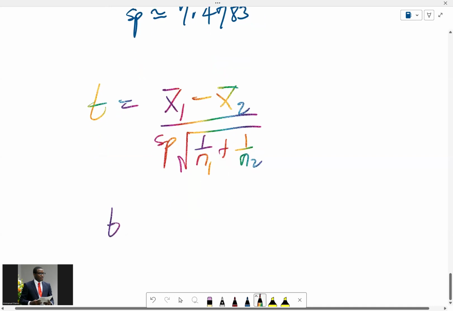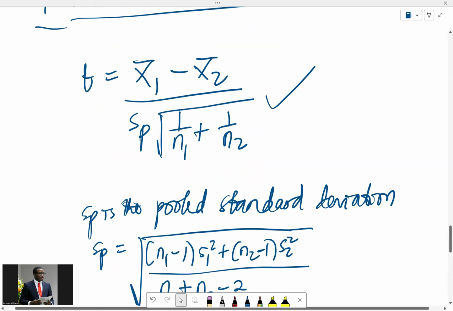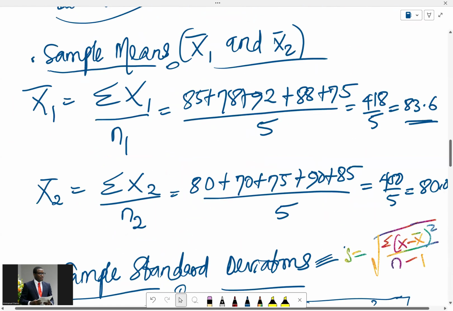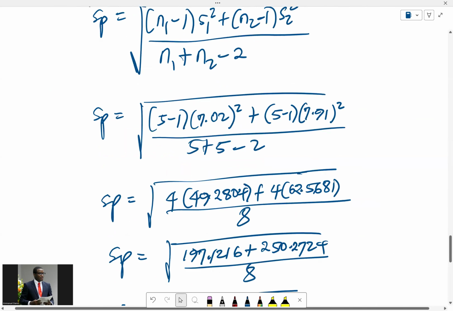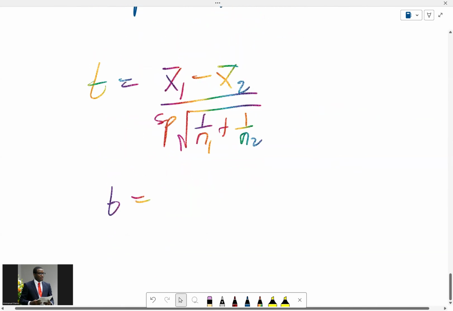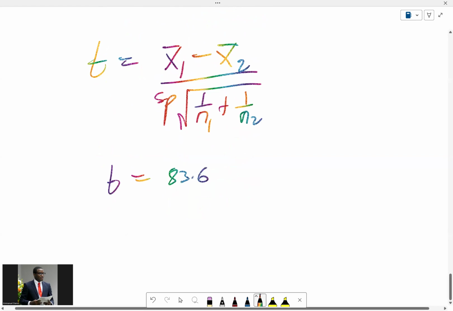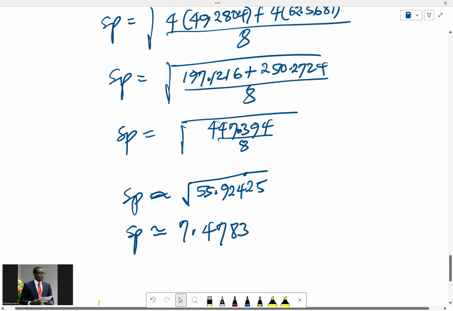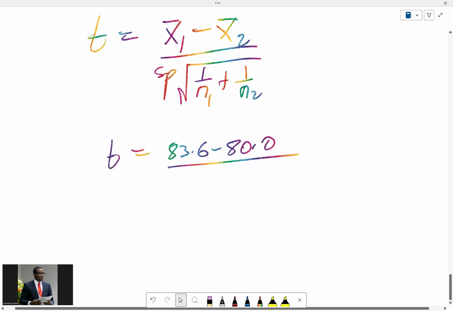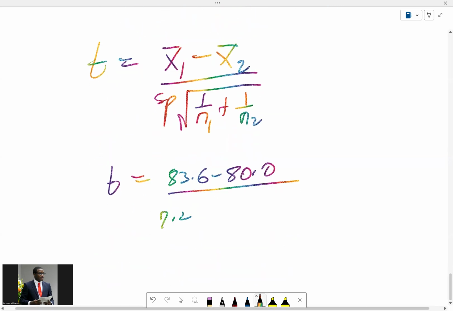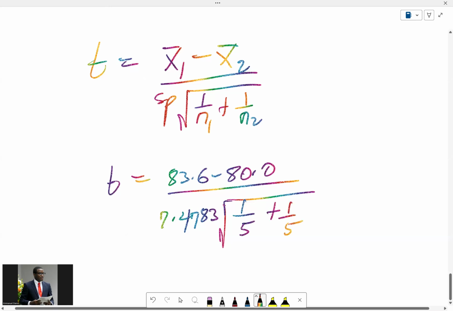So that T now is equal to x1 bar, that was the first thing, 83.6, then 80.0 is the second one. So 83.6 minus 80.0 divided by SP, now 7.4783, then square root of 1 over 5 plus 1 over 5, like that.